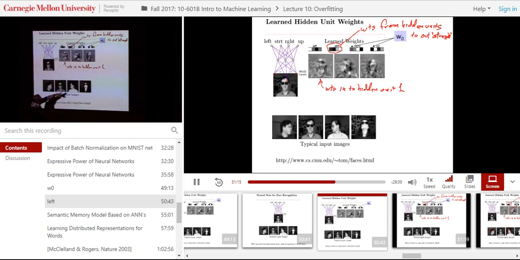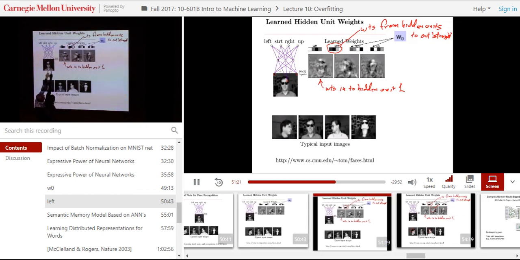If you actually look at this, let's look at that middle set of weights, so the middle hidden unit. If I give it this image, I think I'll get a large positive value, right? Because you can see it has, in this part of the image, large positive weights.